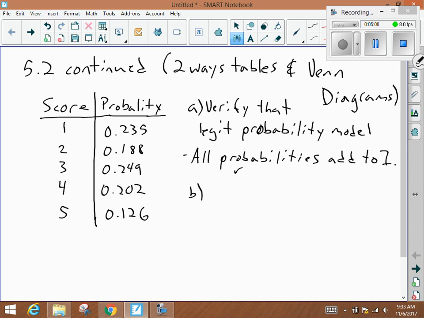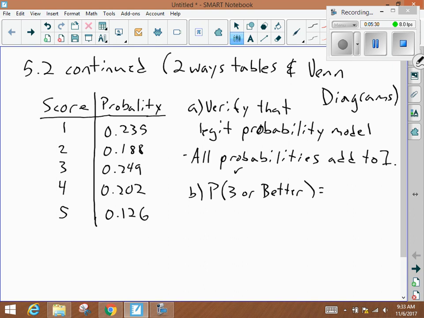What's the probability that the chosen student scored 3 or better? So probability 3 or better. What is that? How would we get that? All right.